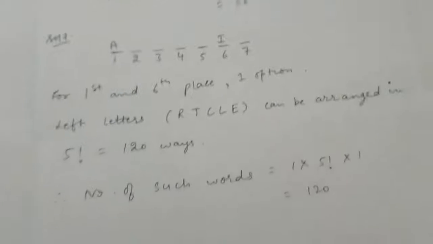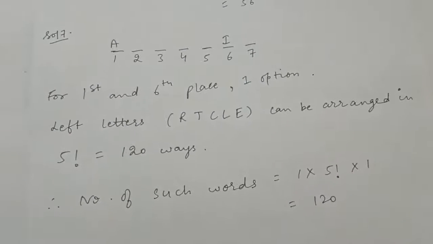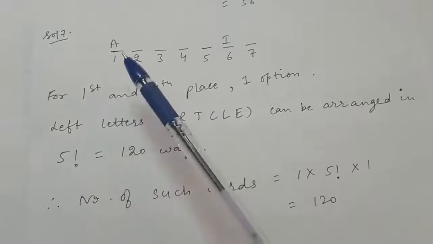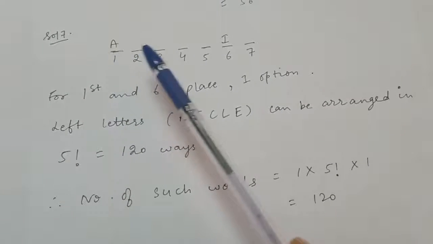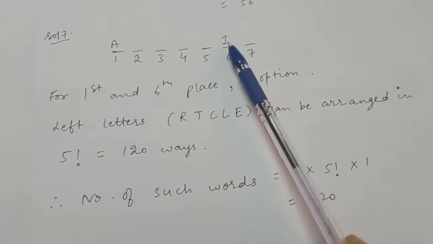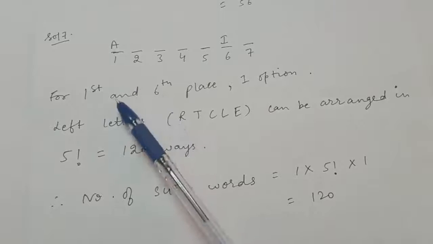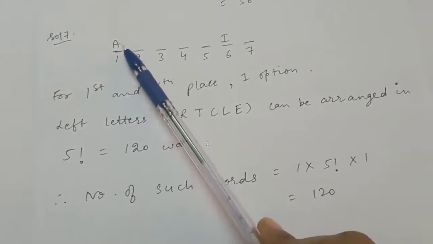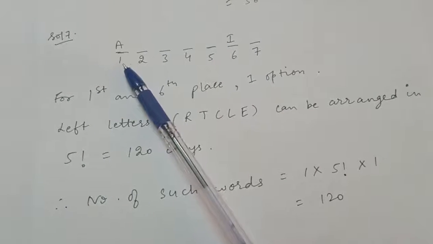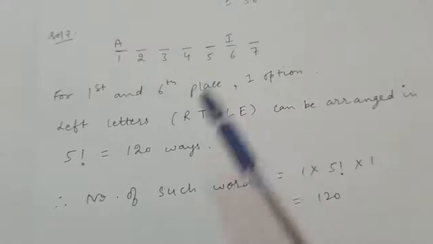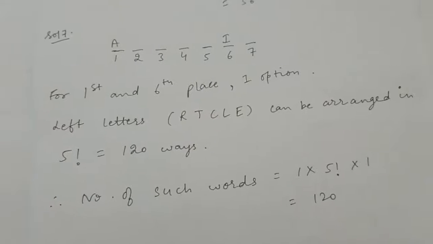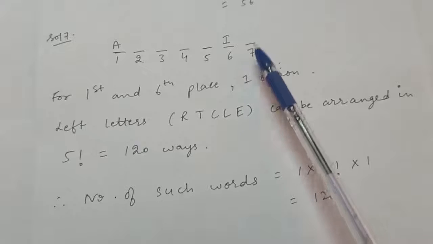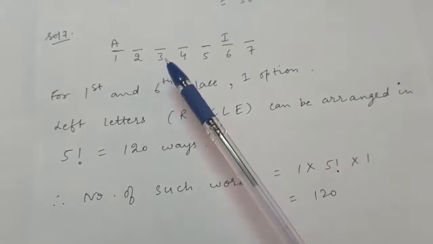Now question number 7th is, in how many ways can the word article be arranged so that at first place A will come and at the 6th place I will come? Now see, for the first and 6th place there is only one option, because we have fixed A at the first place and I at the 6th place, right? Now the left places are these 1, 2, 3, 4, 5 places, right?